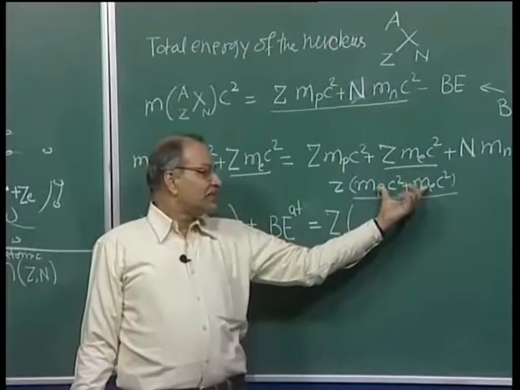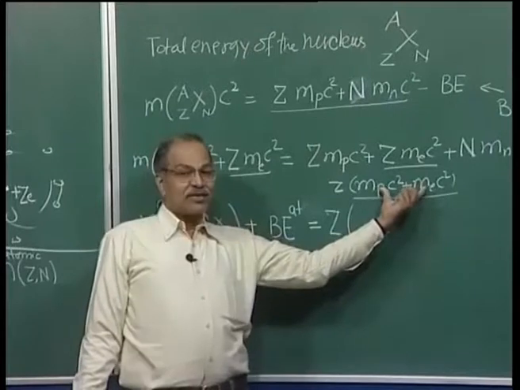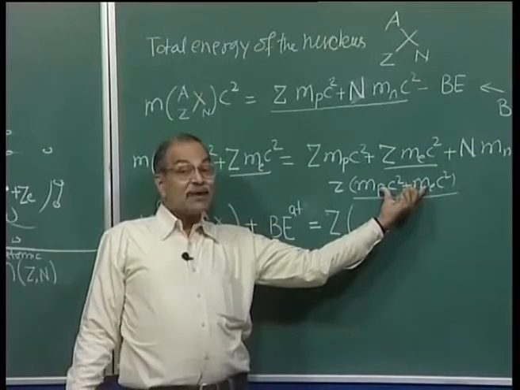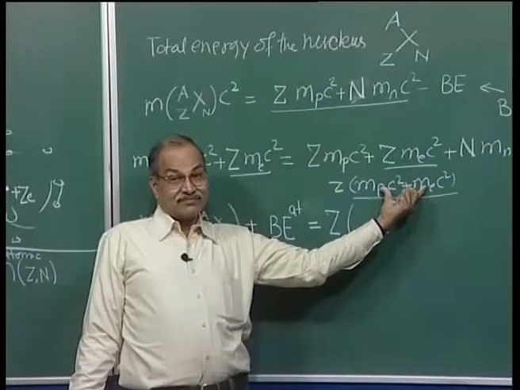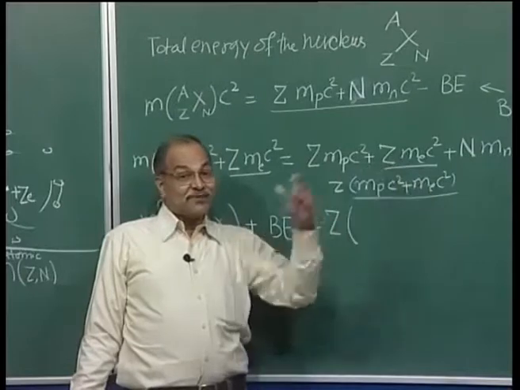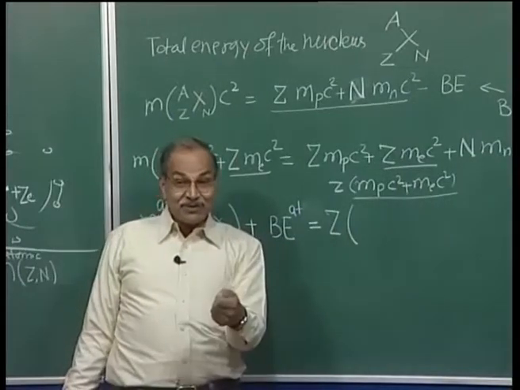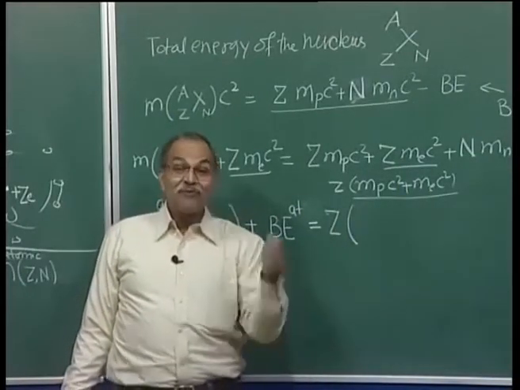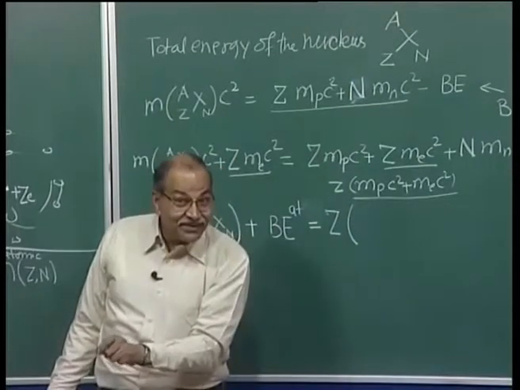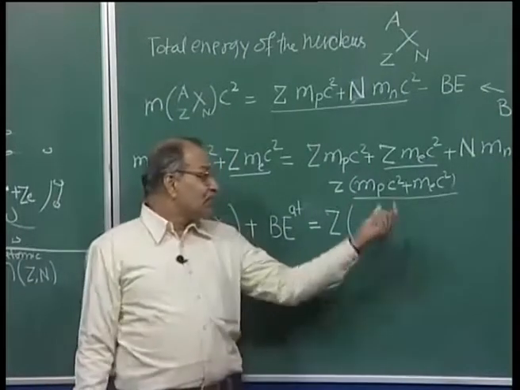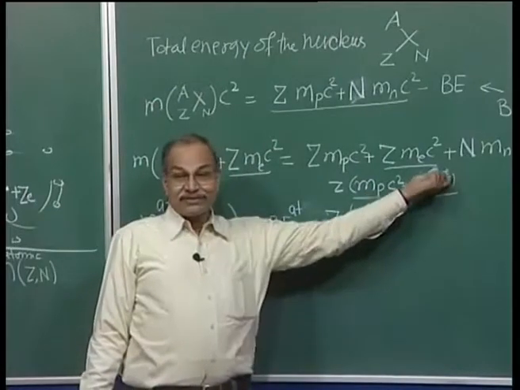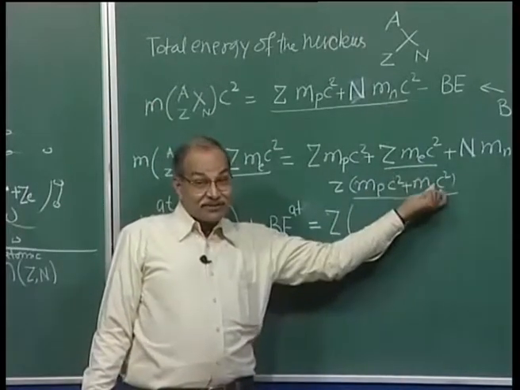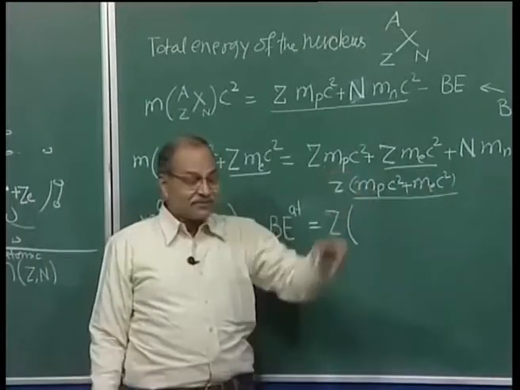So, this quantity is mass of the hydrogen atom plus binding energy of the hydrogen atom. Because mass of the hydrogen atom is mass of the proton plus mass of the electron minus that atomic binding energy 13.6 eV. So, the mass of the proton C square plus mass of the electron C square will be mass of hydrogen plus binding energy.